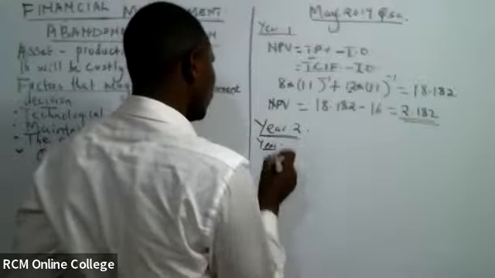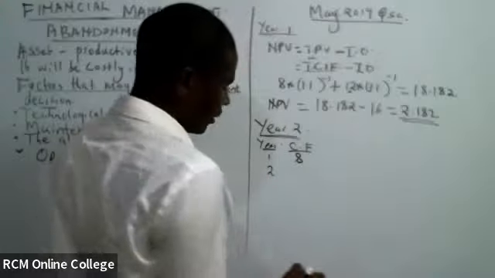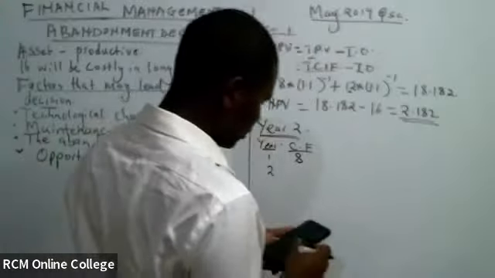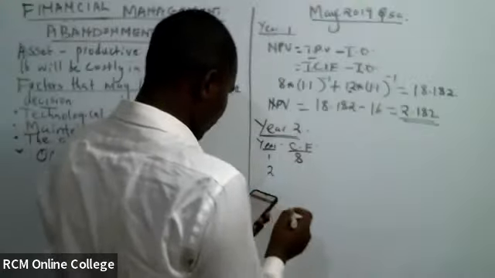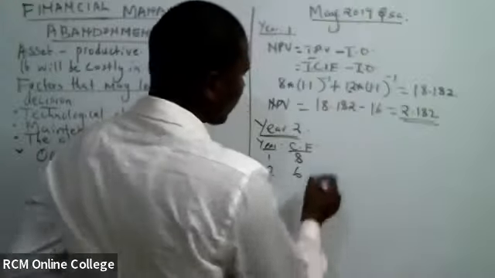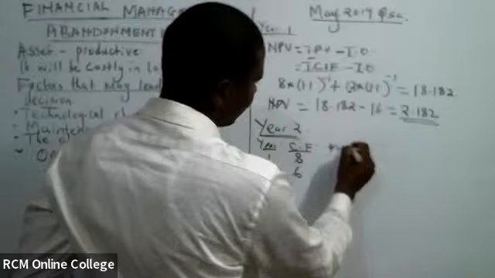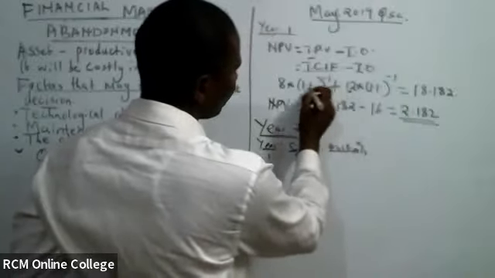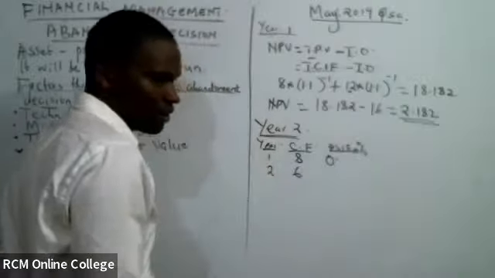So year 1 and 2, the cash flow here I have 8, and year 2 I have a cash flow of 6. Thank you. And then I have to discount using PV 10%. And I know for this one, there's no problem. It is 0 point something. Give me the discount factor here.